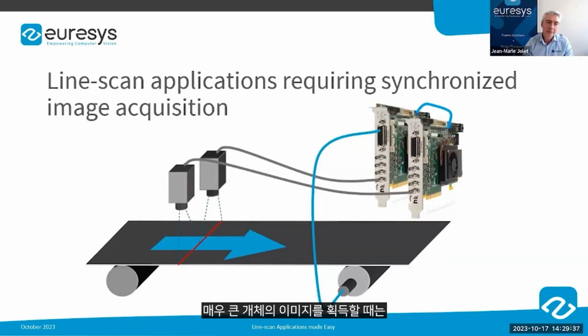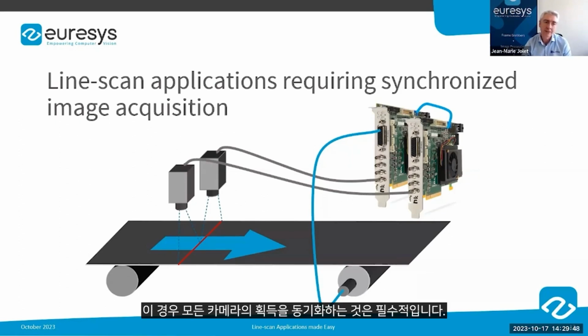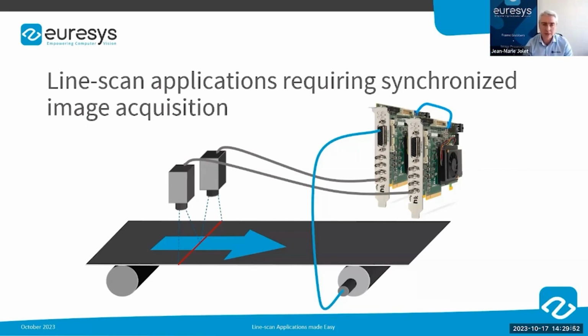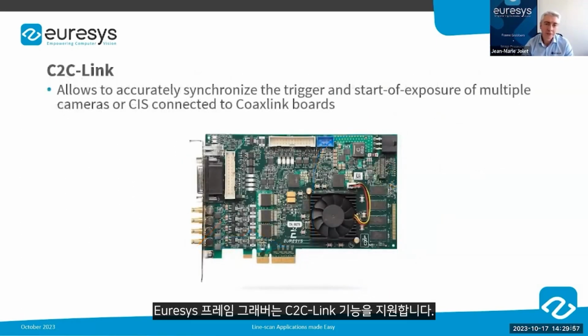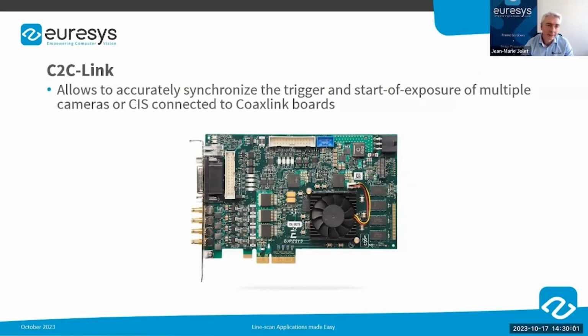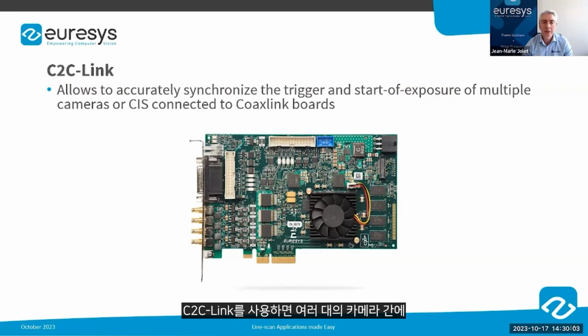When acquiring images of very large objects, most of the time several cameras are required to cover the whole width of the area to be inspected. In this case, it is mandatory to synchronize the acquisition of all those cameras. Euresys frame grabbers support the so-called C2C link feature. C2C link allows very accurate synchronization of the image acquisition between several cameras.